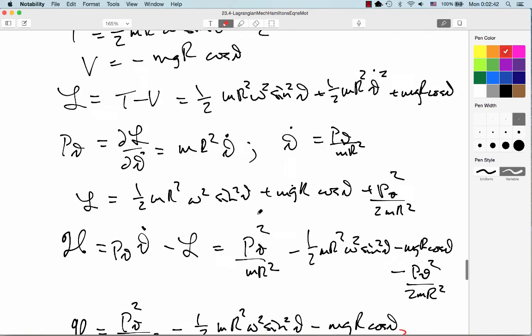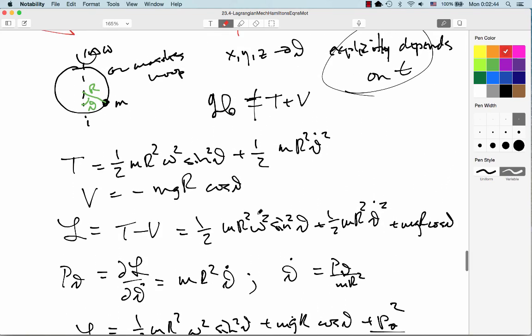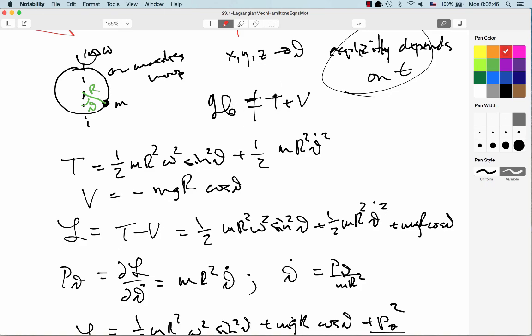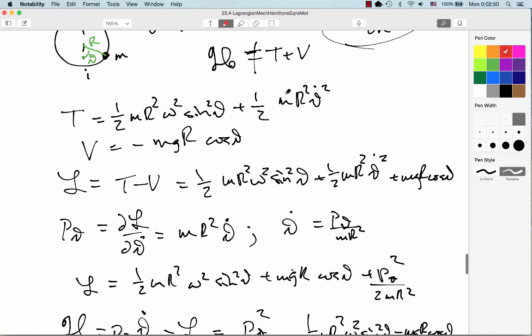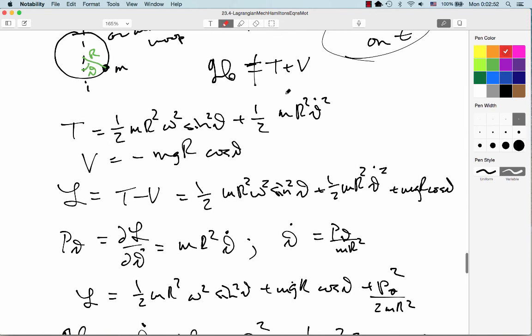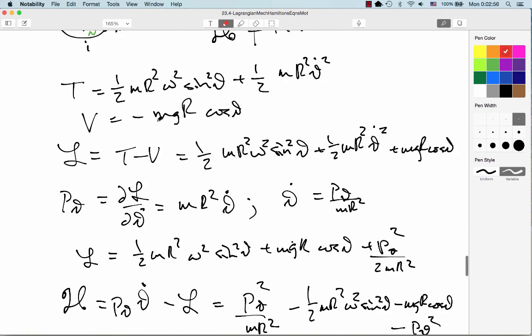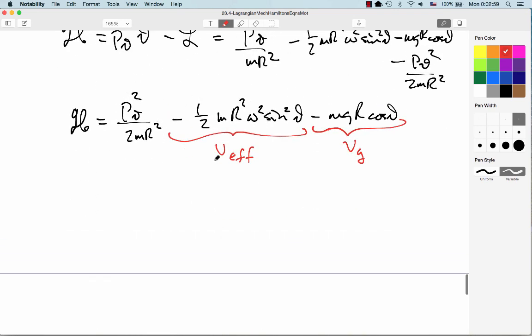So that's where we run awry: if we just blithely wrote this as T plus V, we would wind up getting the sign of our effective potential flipped. Go ahead and add T plus V, and you're going to have a plus there instead of the minus that you should have had.